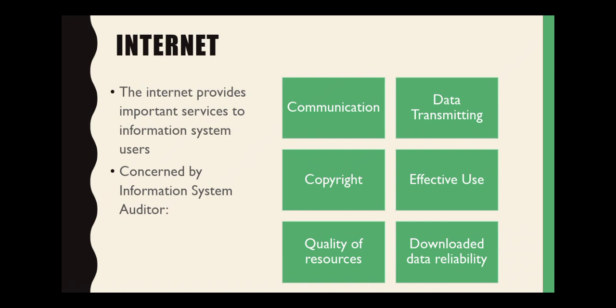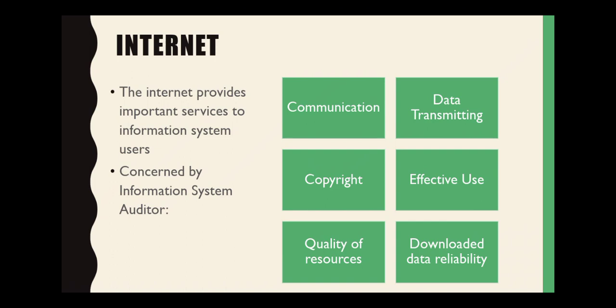I say content because when we talk about copyright, it is usually about media. And then effective use. The effectiveness of using the internet should also be a concern of the information system auditor. And then the quality of resources.